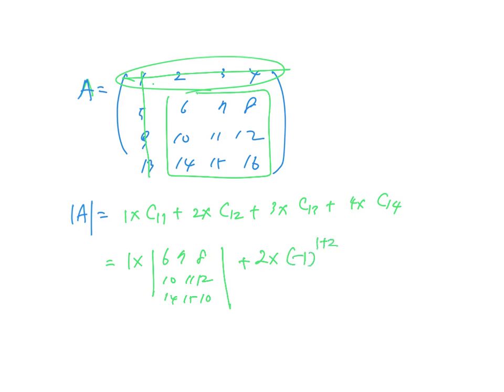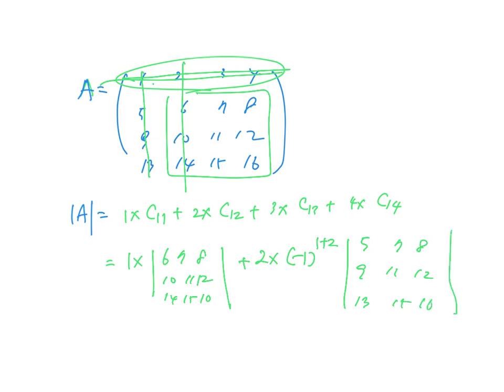And then you delete the first row, second column. So you have this 5, 7, 8, 9, 11, 12, 13, 15, 16.